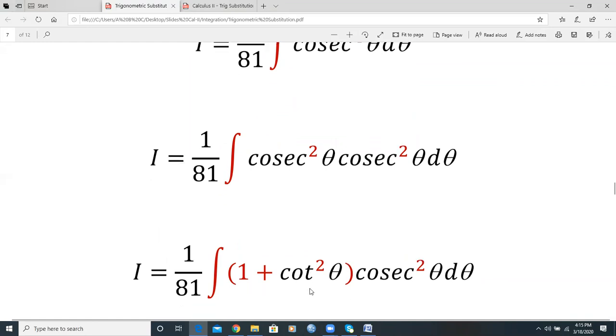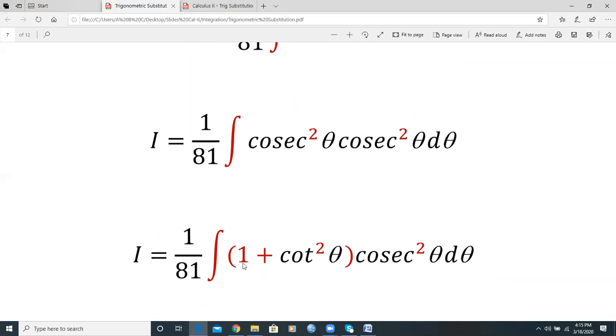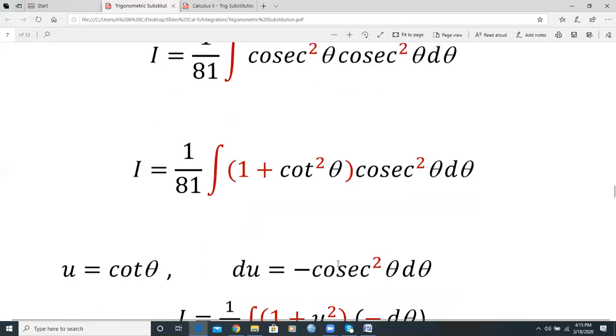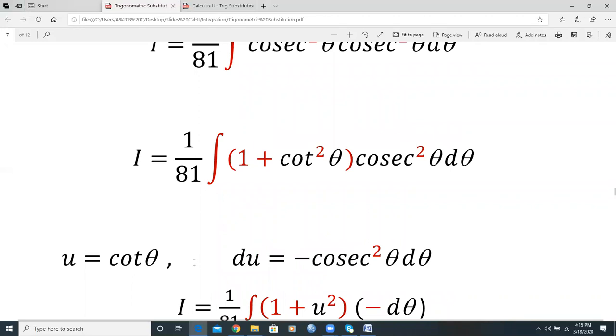You see, when we substitute u is equal to cot theta, the derivative of cot theta is minus cosec square theta. So that's why I have changed this cosec square theta by 1 plus cot square theta. So we will make the substitution u is equal to cot theta. So du actually becomes minus cosec square theta.